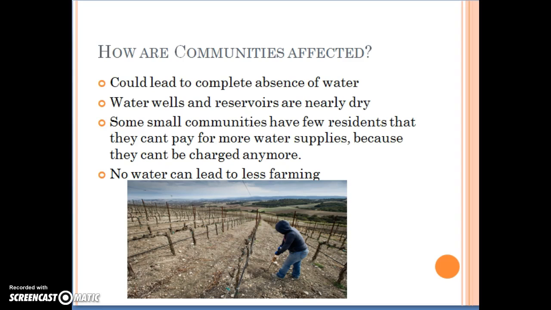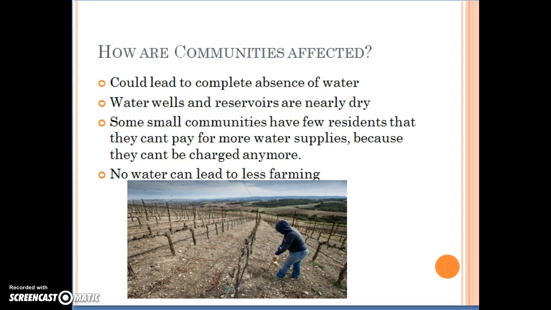Also, small communities have few residents and can't pay for water supplies because they can't be charged anymore. So, for example, little communities with few citizens, they can't charge their residents more money to be paying for fresh water supplies.